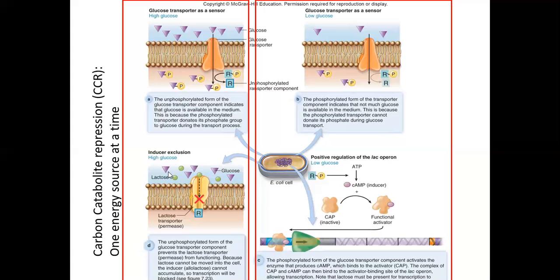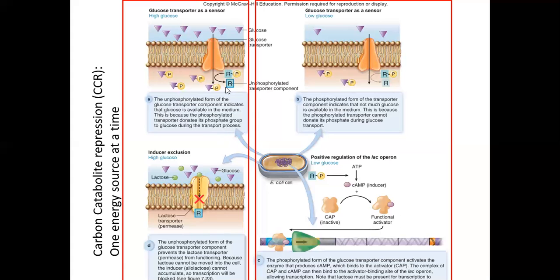Inducer exclusion in high glucose: the unphosphorylated form of the transporter prevents the lactose transporter from functioning. Because lactose can't come into the cell, then you don't make allolactose, then you don't transcribe the lac operon, right? Because you have high glucose. And so this transporter component is not phosphorylated because it donated its phosphate to glucose.